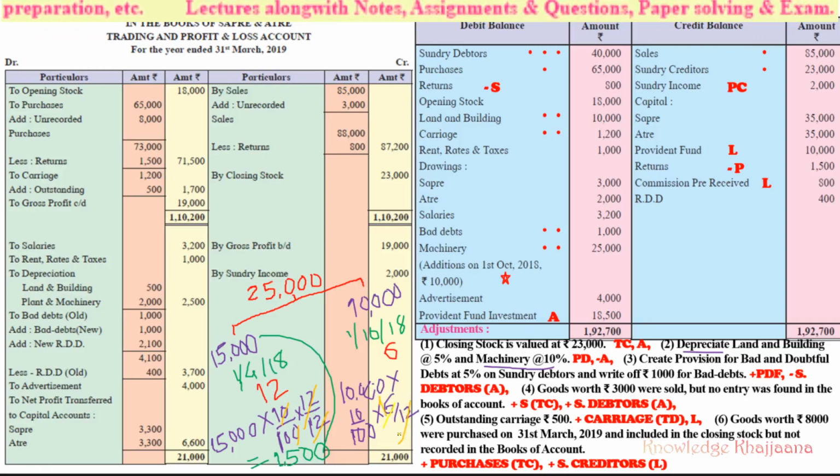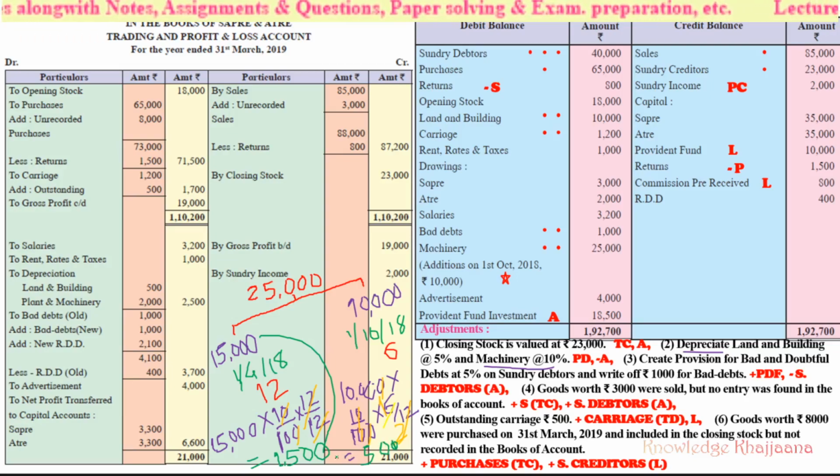So 10,000 into 10% is 1,000, but for 6 months, so 1,000 divided by 2 is rupees 500 only.